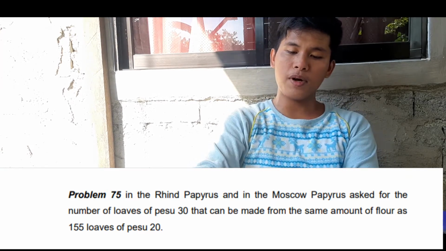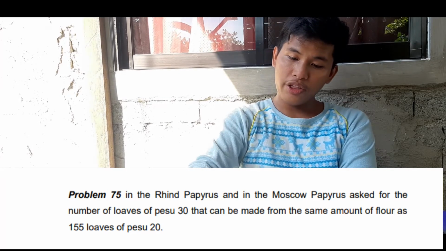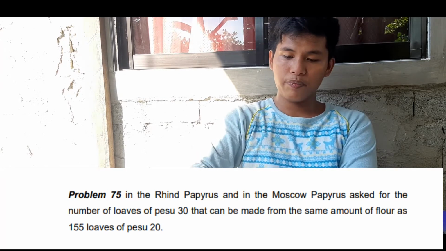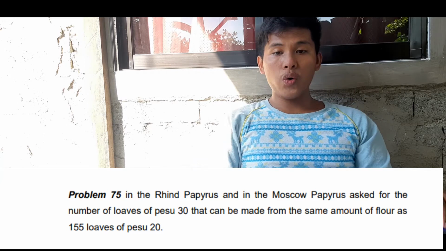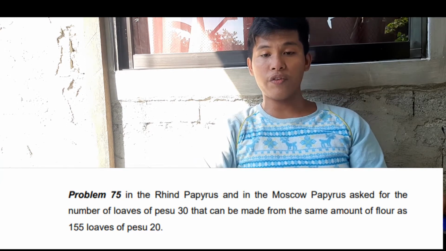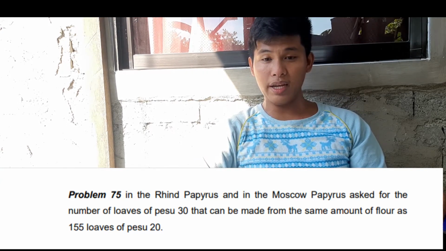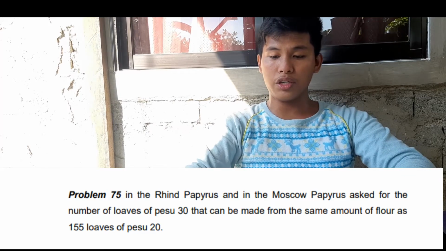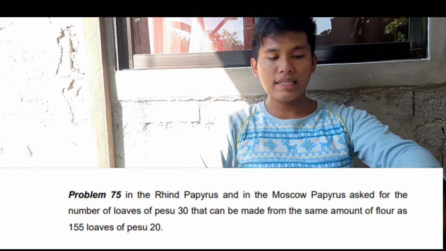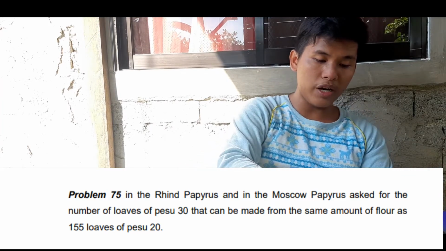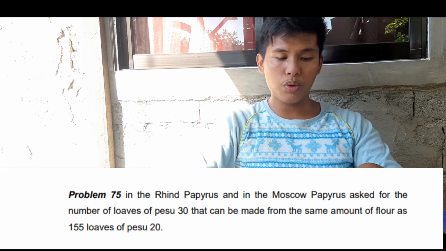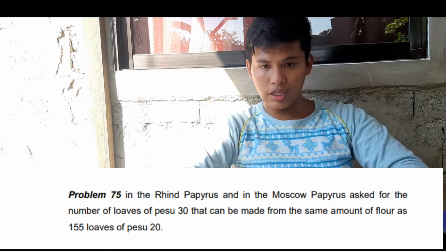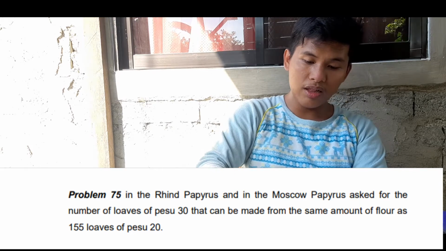The reduced fraction would be 31 over 4. Then we cross multiply x over 30 and 31 over 4. So 4x is equal to 30 times 31, which is 930.